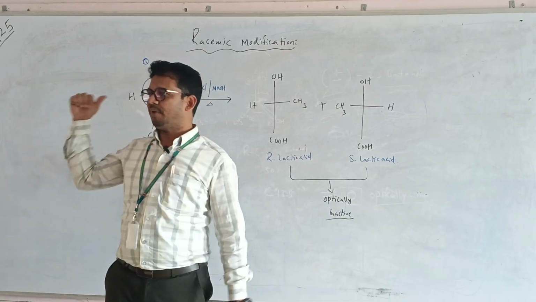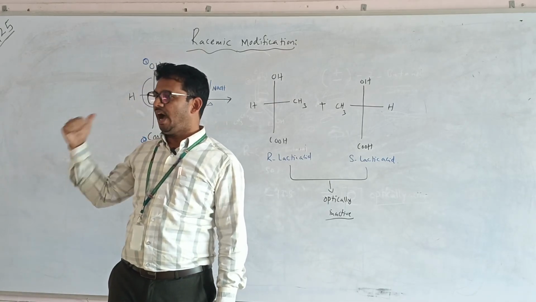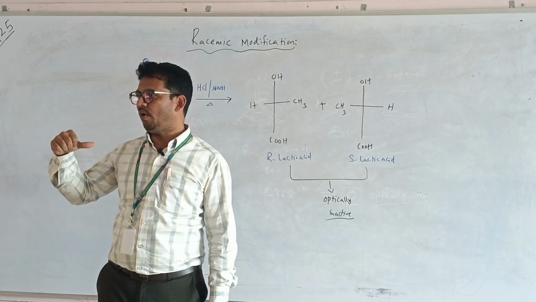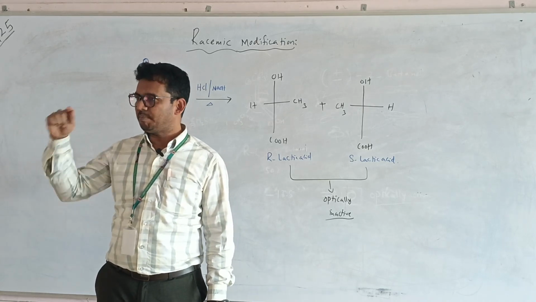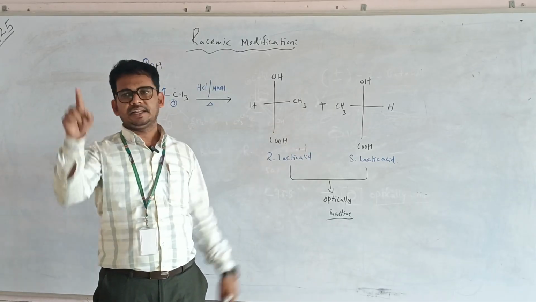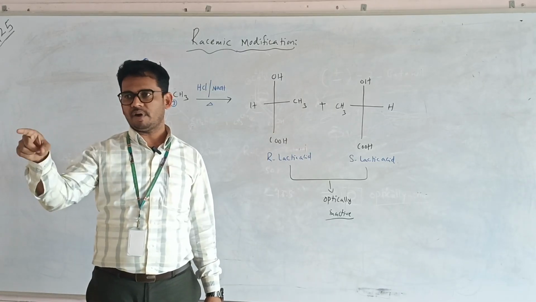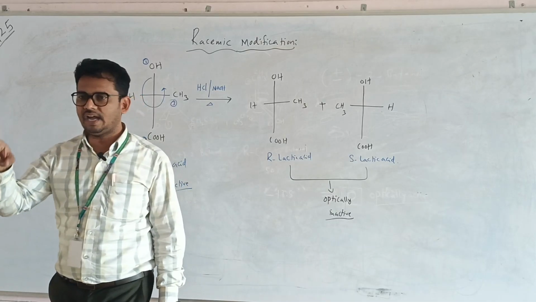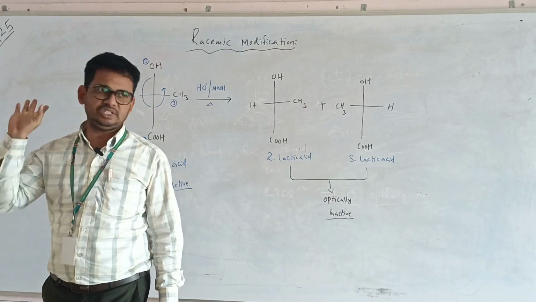Then racemic modification means that an optically active compound, when heated in the presence of acid or alkali, produces the racemic mixture. This type of modification is what we call racemic modification.